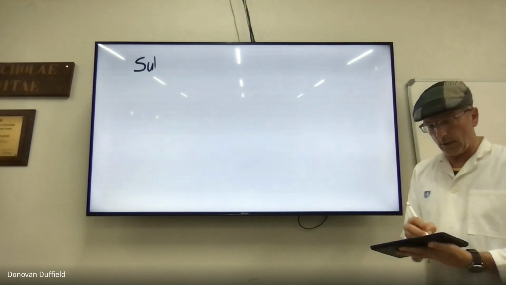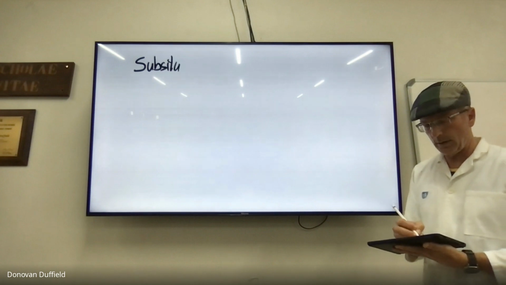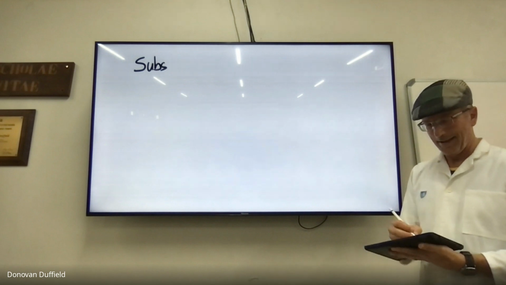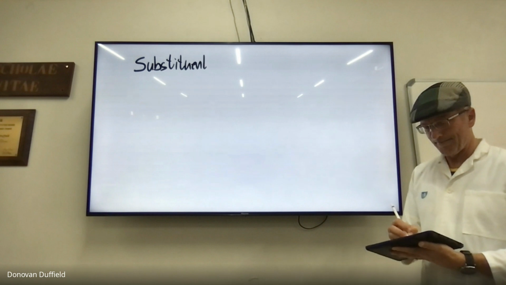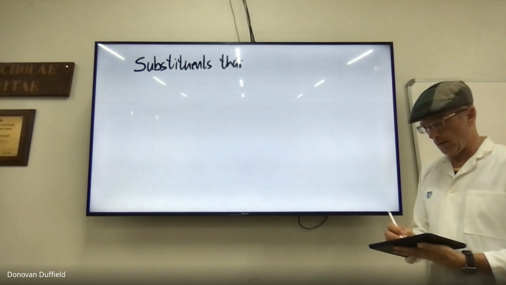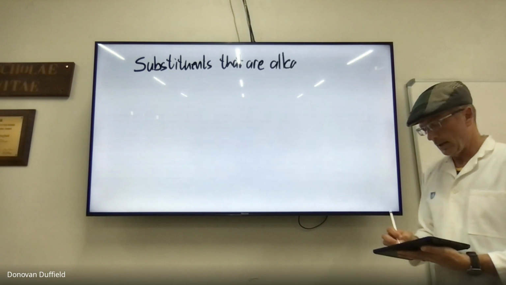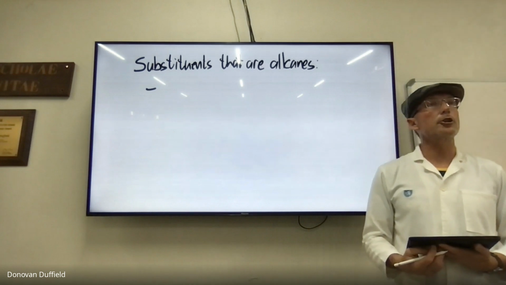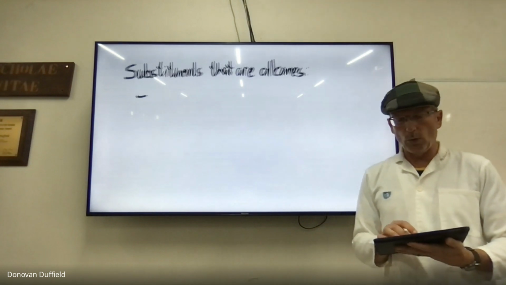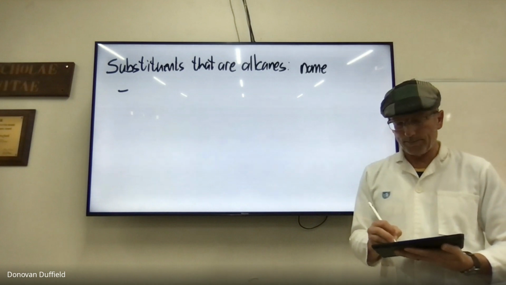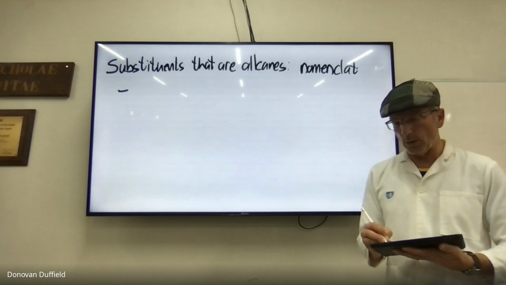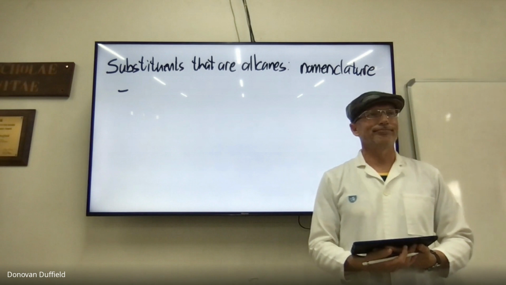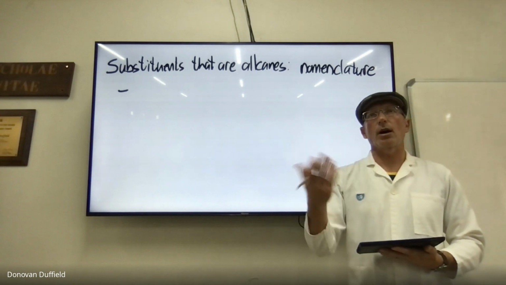Okay, substituents that are alkanes, then we use the following, here's a new term, nomenclature. The word nomenclature is a fancy word that scientists use to impress people, which basically means terminology. So we're dealing with the IUPAC nomenclature.